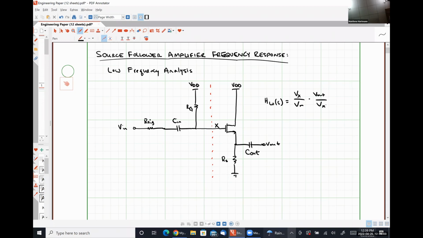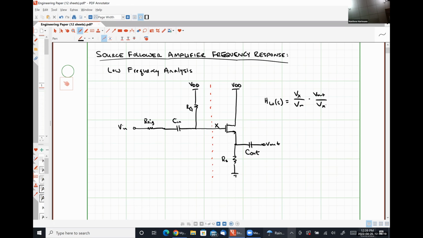So we're just breaking it down into easily digestible parts. Everything to the left of the red dashed line represents the Vx over Vn portion. Everything to the right of the red dashed line represents the V out over Vx portion.